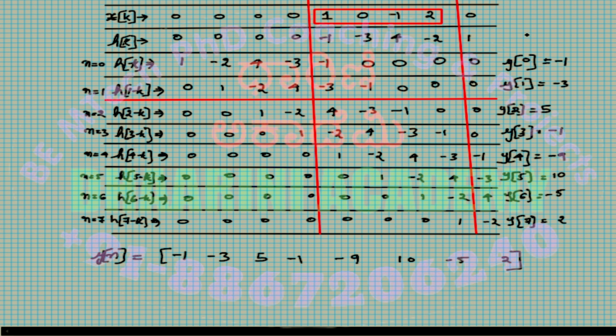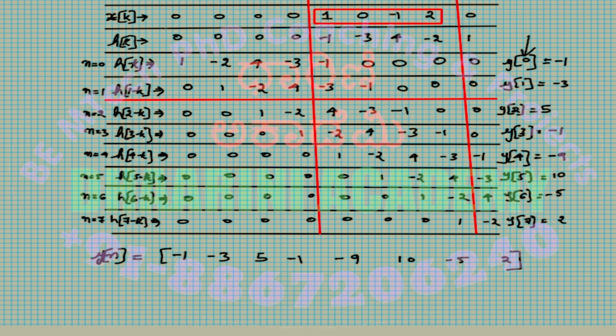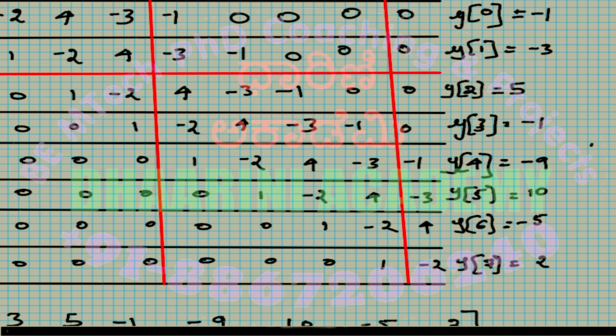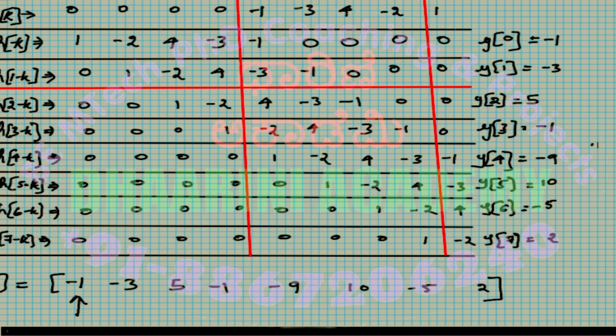Okay, wherever it is index 0, that's where I need to put an arrow mark even in my answer, indicating that this is the 0th index. That is important. Okay, right. So this is the procedure of performing the convolution using this particular method. Okay, the method is referred to as the tabular method.